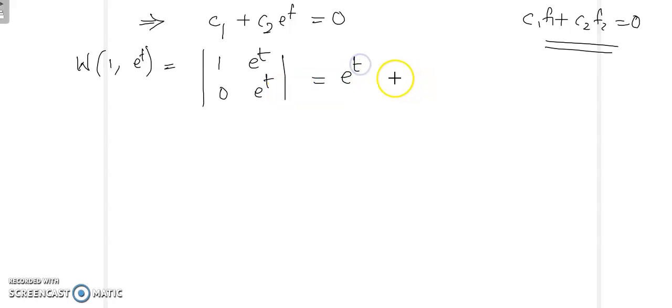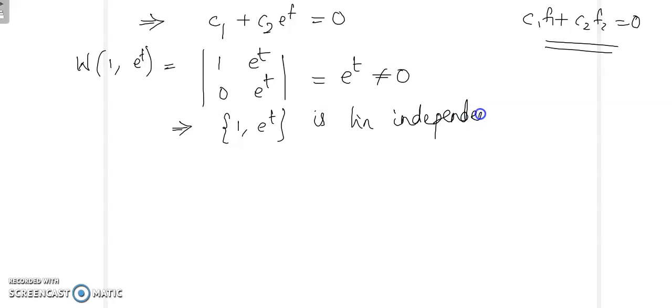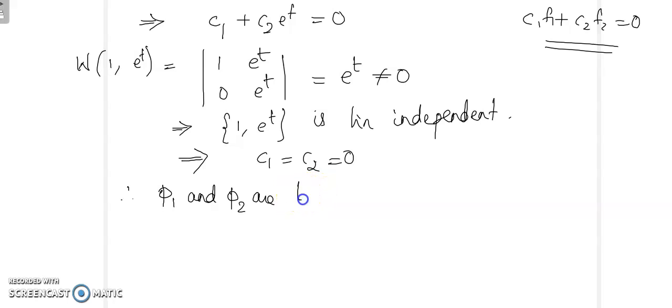So this is going to be e raised to t, which is not equal to 0. So that implies the functions 1 and e raised to t are linearly independent. Now if this is linearly independent, that implies c1 equal to c2 equal to 0. So therefore the vector functions phi 1 and phi 2 are linearly independent.